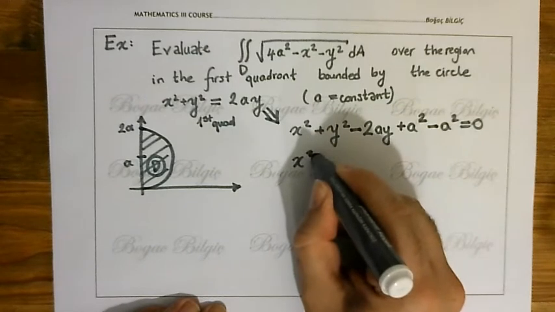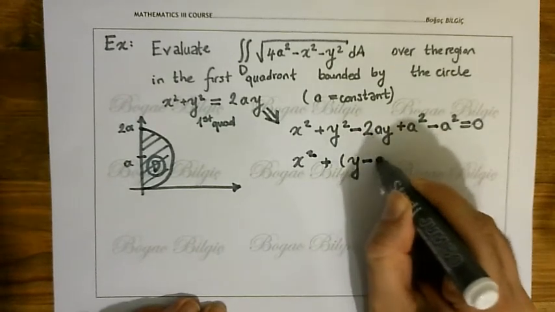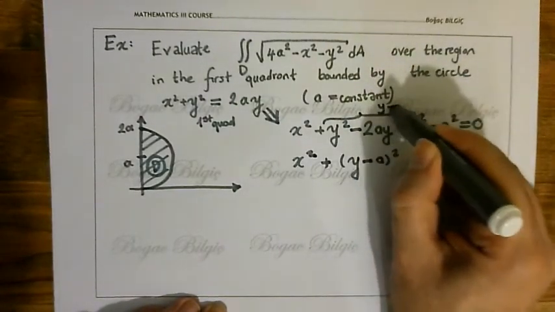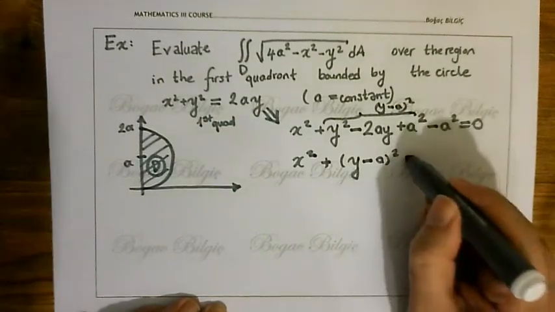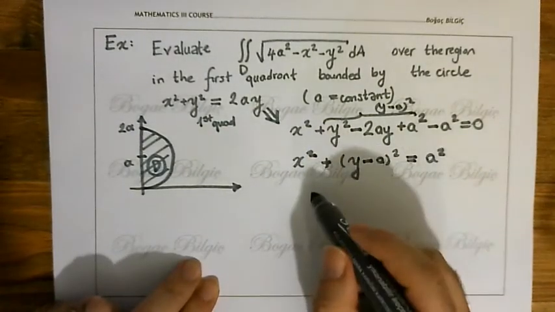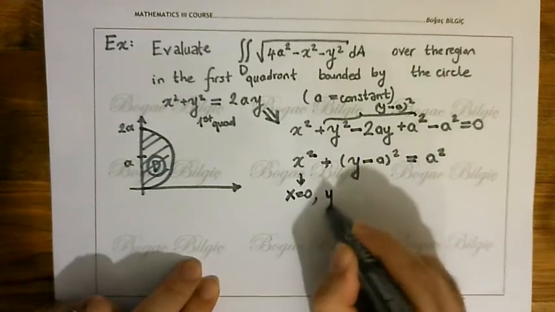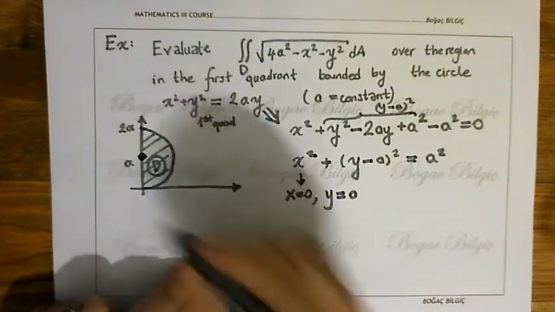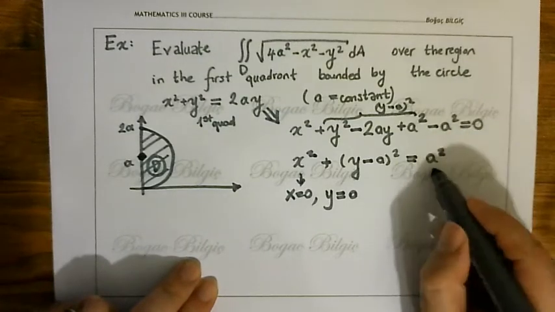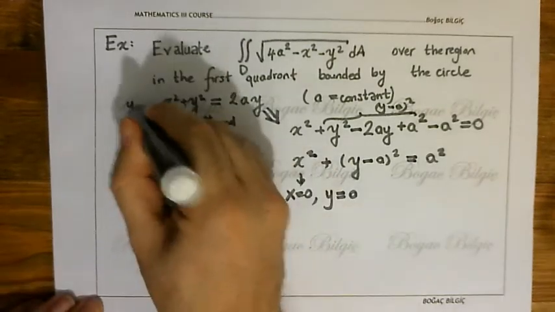So x² + (y − a)² = a². So the center of the circle has x coordinate 0 and y coordinate a, and the radius of the circle is a. So this is 2a, and the origin, x and y.